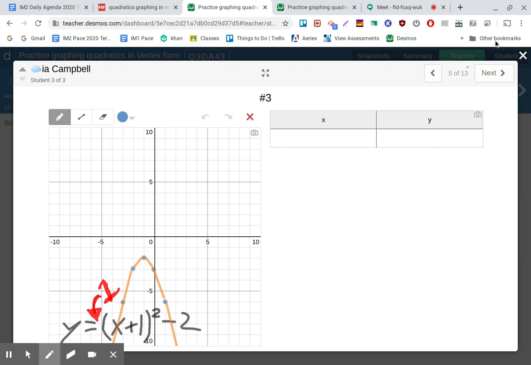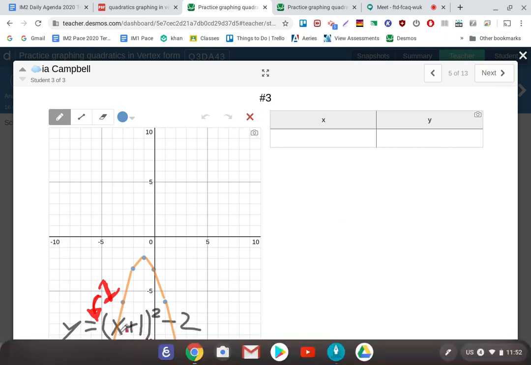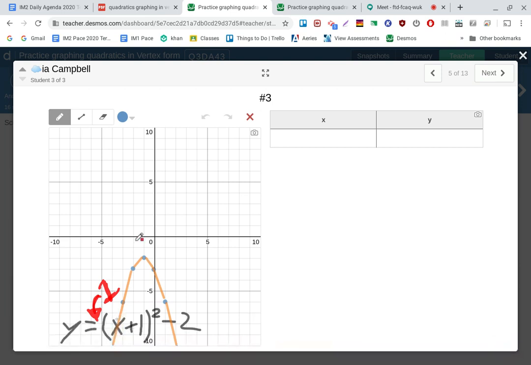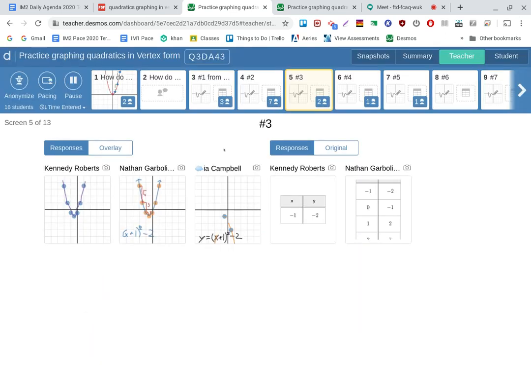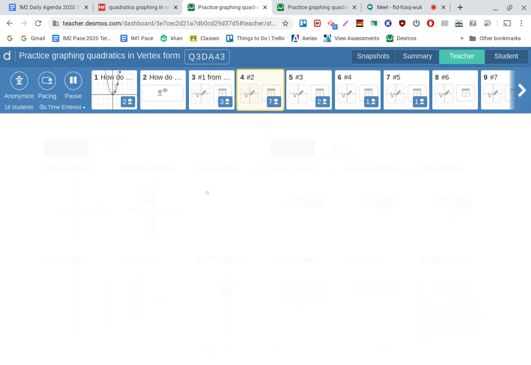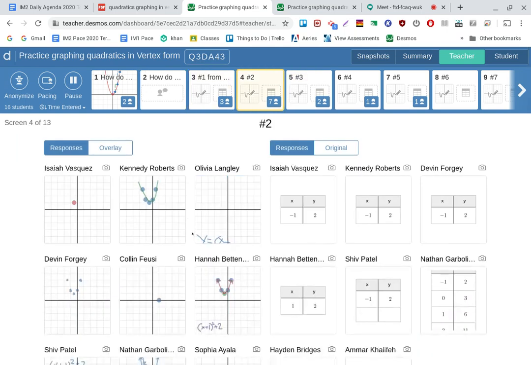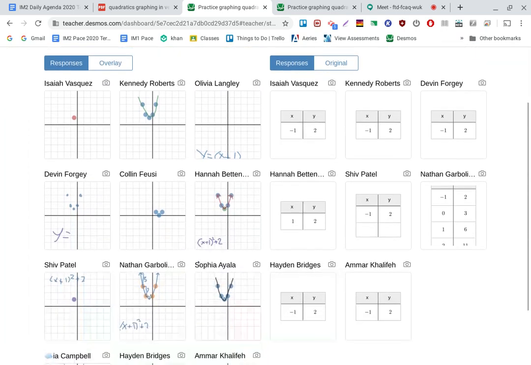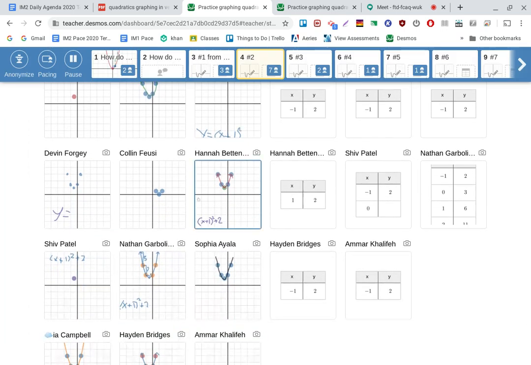So I have a question. For number 2, does it increase by 2 every time? Let's see. Number 2. Yeah, I think that's the normal 1, 3, 5, 7, right? Let me figure out how to get out of this thing. There we go. So number 2, it's the same as number 1. It's still the 1, 3, 5, 7.